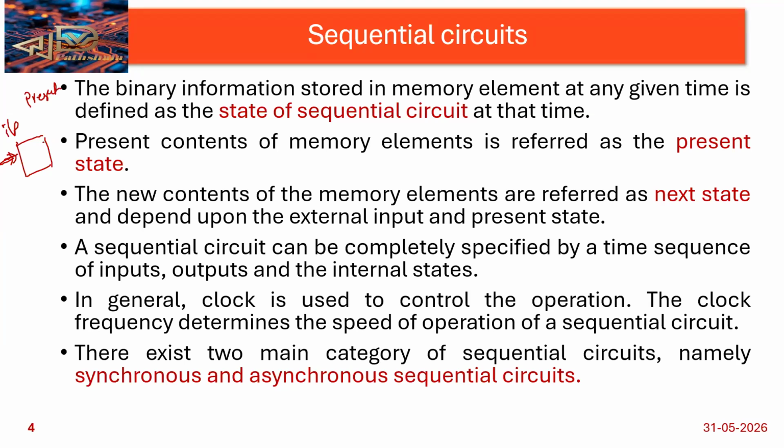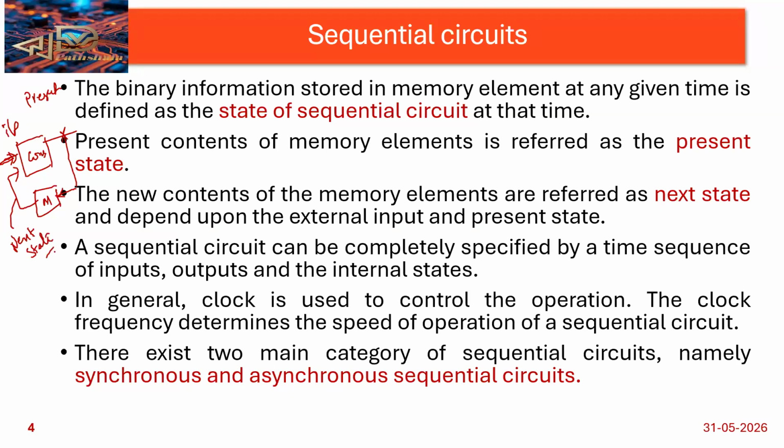Then we get the output from the memory element, and this memory element is treated as the next state. Whatever output you got is stored through the memory element and given to the combinational circuit. So this is the present state and this is the next state.